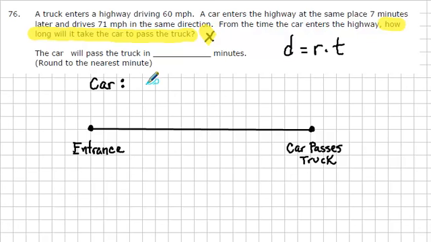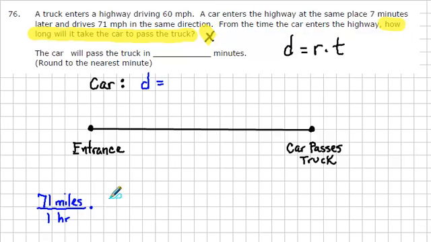We know that distance, which is not given, so we'll just write distance, d, is equal to rate times time. We know that the rate of the car is 71 miles per hour. However, we're trying to find the time that it takes in minutes. So let's go ahead and first of all convert 71 miles per hour to miles per minute. So 71 miles per hour means 71 miles per 1 hour.